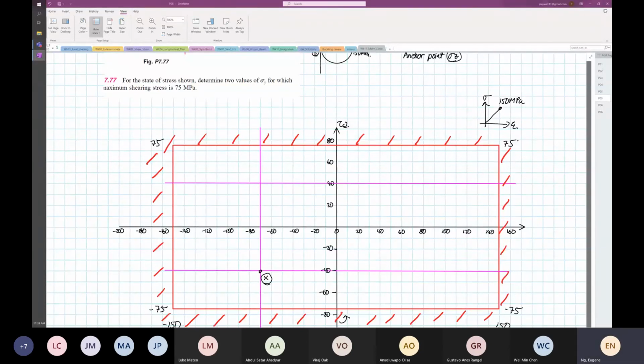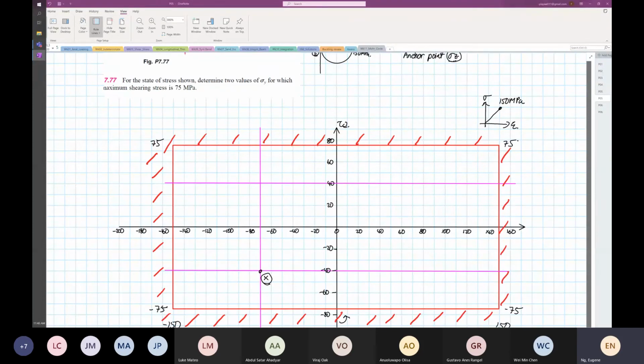So the next thing that we know is the radius. The radius we can achieve is 75 megapascal. So we know there are two possibilities down here. When I say there are two possible average stress positions, where are they yet?